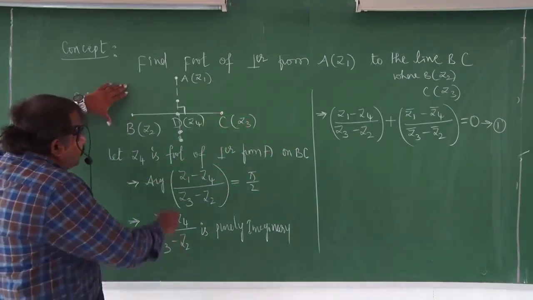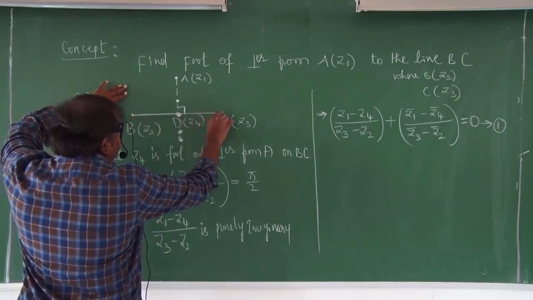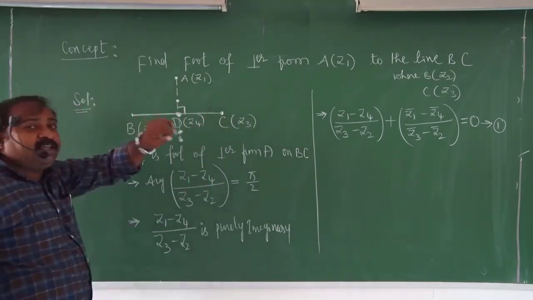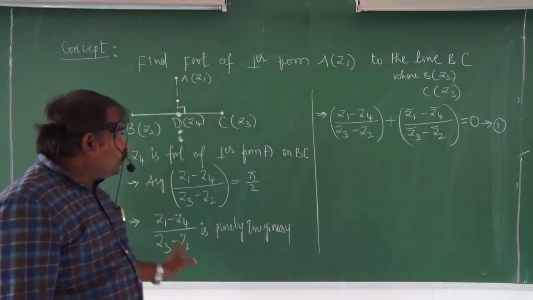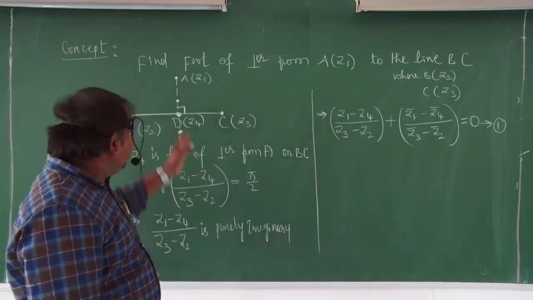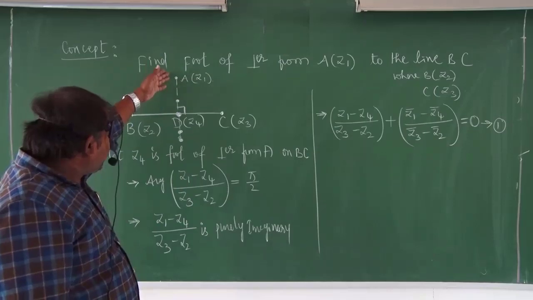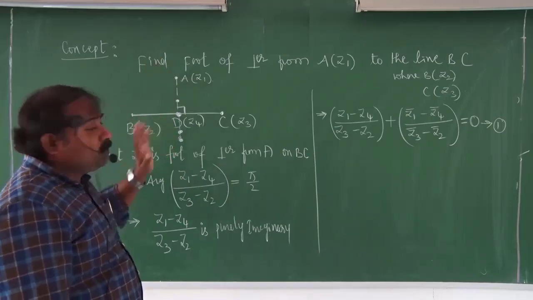Listen, Z4 lies on BC, so the foot of the perpendicular means that is the extra condition. If you take only the condition till here, then Z4 is any point on the line passing through A and perpendicular to BC.